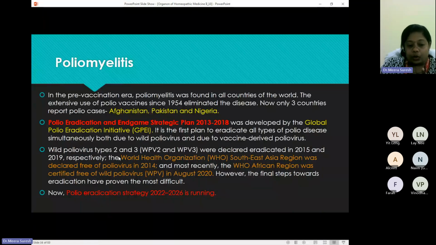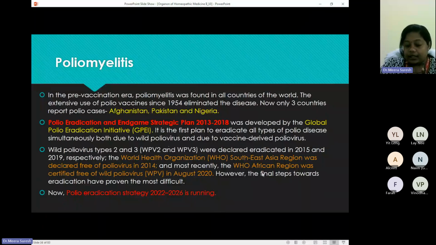Wild poliovirus type 2 and 3 were declared eradicated in 2015 and 2019. The WHO Southeast Asian region, that means including India and also Malaysia, was declared free of poliovirus in 2014.